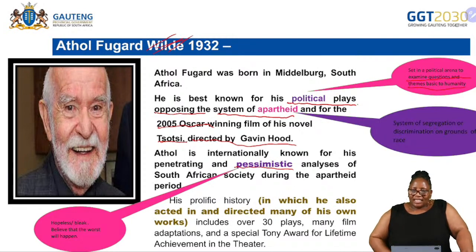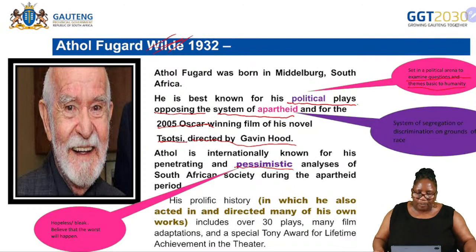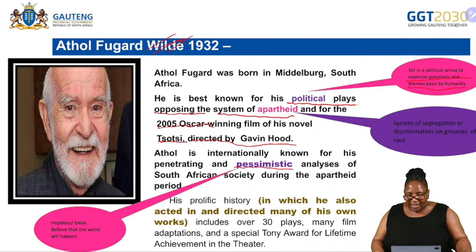Given the surroundings and what he saw happening to the black people, he felt very sad, and he never thought South Africa would become a country where today we say we have a rainbow nation. Everyone's rights are respected.